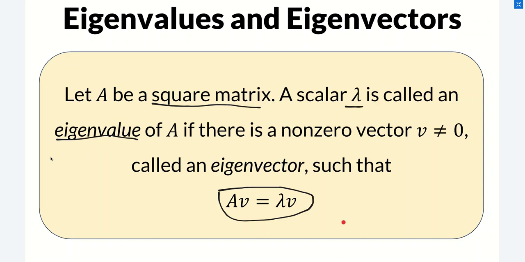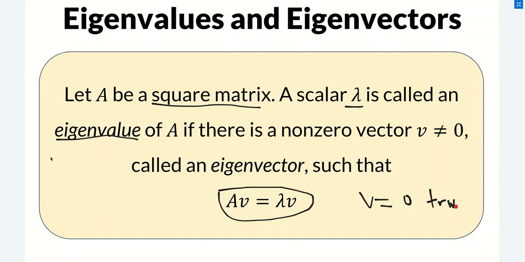The first one is when your v is equal to 0. This is a trivial solution. Trivial solutions are not important to us. They don't have any significance, right? So when v is equal to 0, that's a trivial solution. Put it somewhere. That is not what you're interested in.